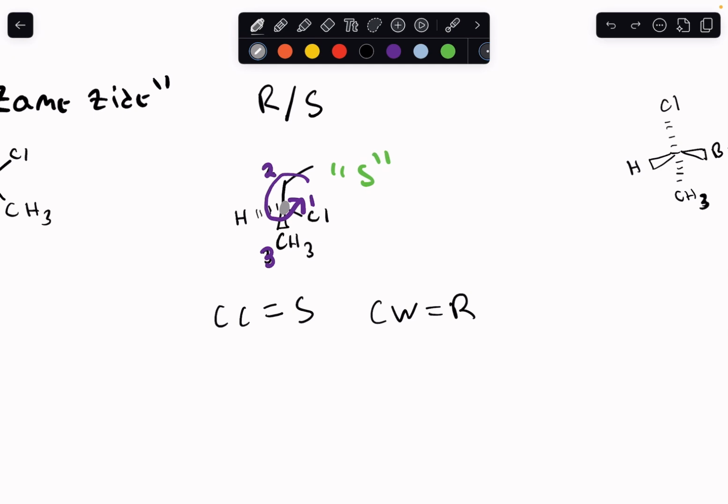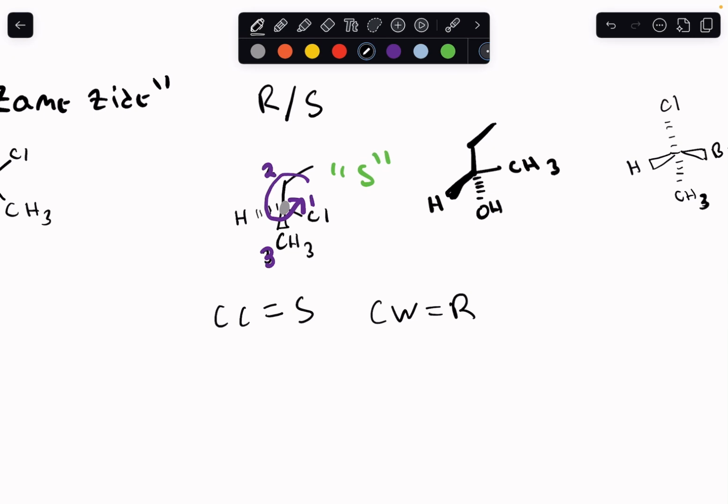When it's not a dash, let's say it's a wedge, it would change the stereochemistry. So let's say we put something like this.